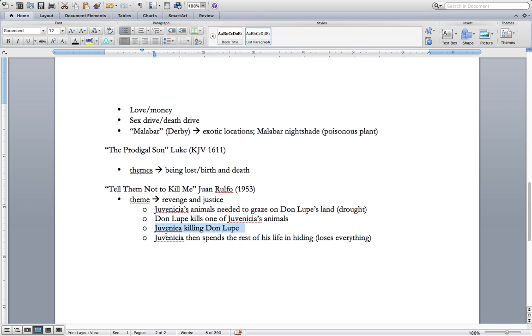And then, did Juvenicia's killing cancel this out? Or is it worse? Or is this enough penance for Juvenicia based on the crimes that he did, based on the crimes that Don Lupe did?